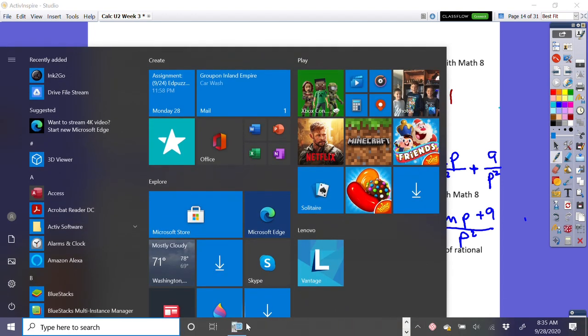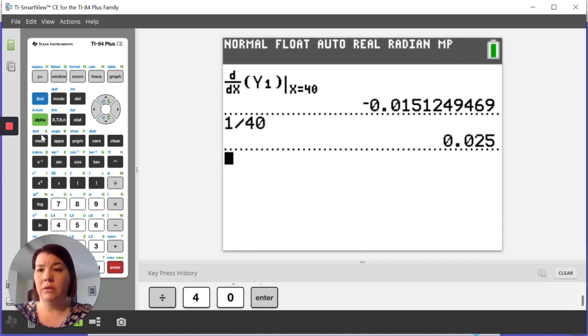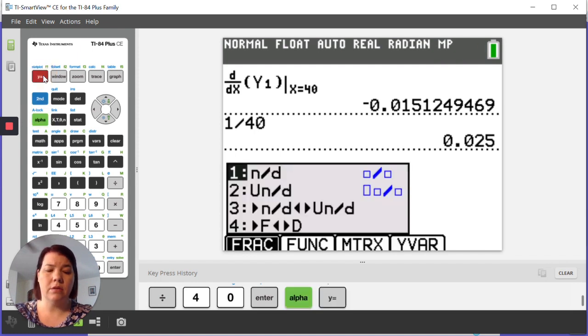So we're going to our calculator. Now we're going to do the answer we just got, which was negative 9 ln. So let's do fractions. Alpha y equals fractions, number 1.